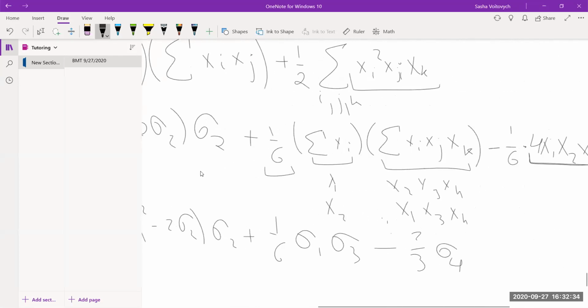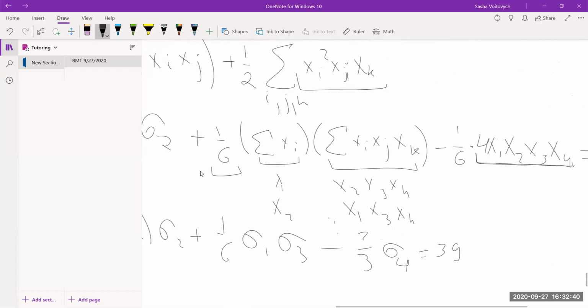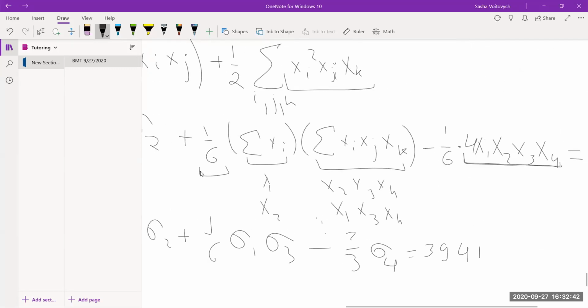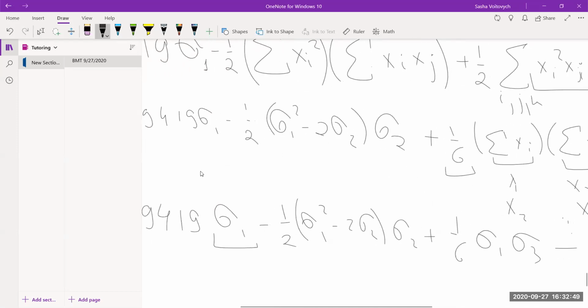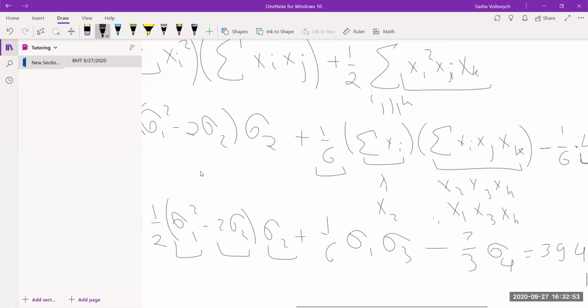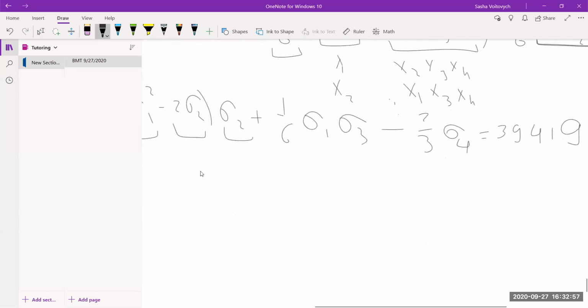We know it is equal to 3,904.19. So we just plug in the values for the sigmas, and we know all of them except for sigma 4. So we have to calculate sigma 4, basically.